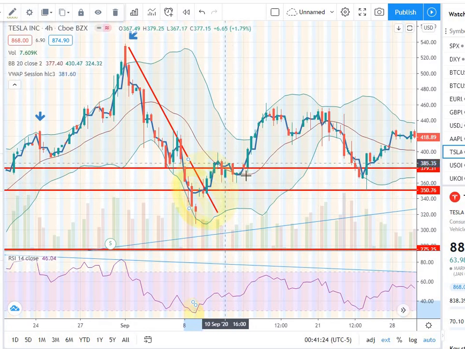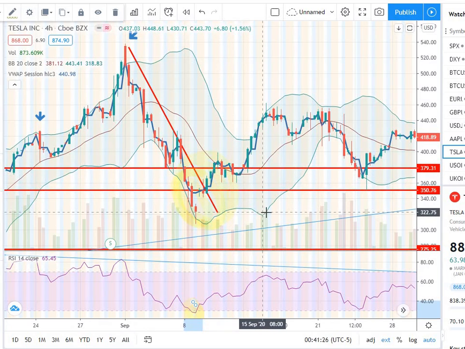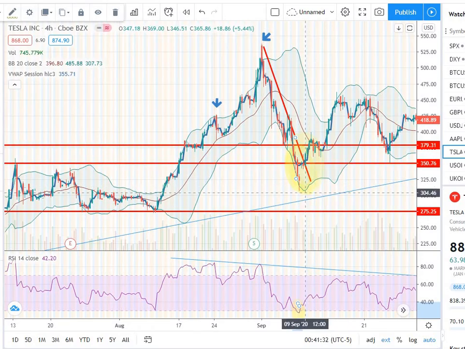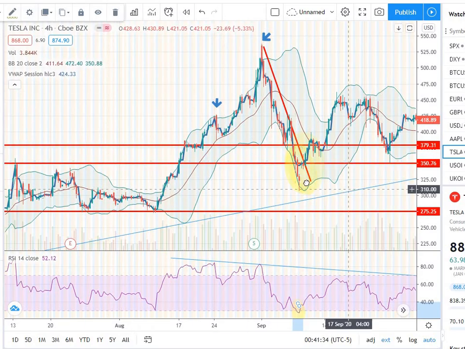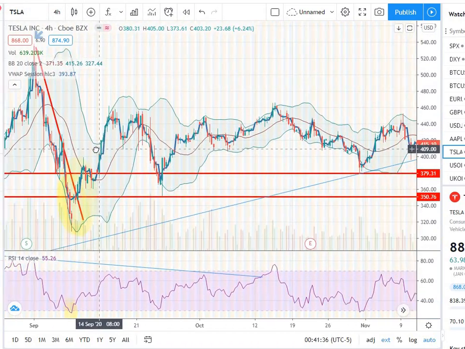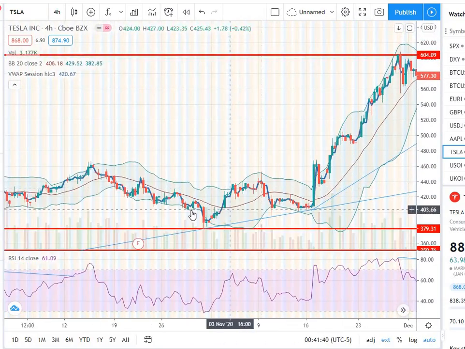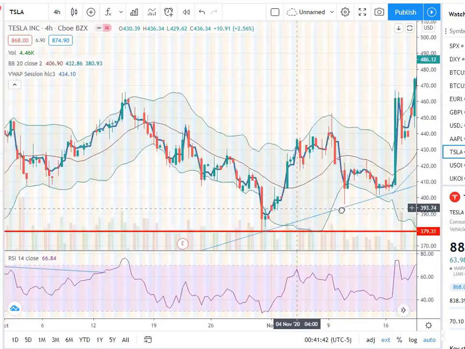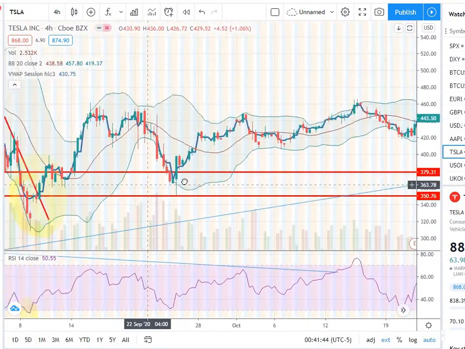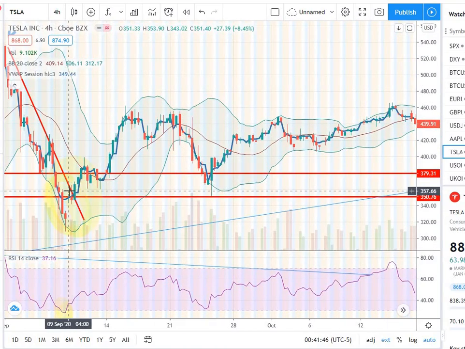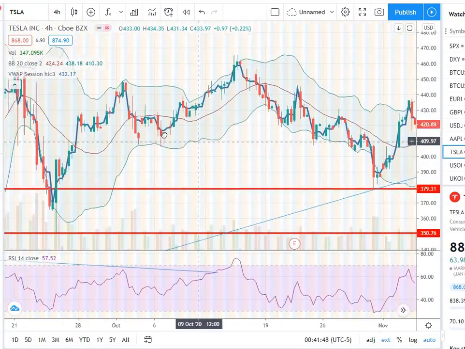Okay, there's another one that I'm going to show you, another entry that would have been right here. Let's suppose you missed it back on September 9th, you had another opportunity to get in at a similar price on October 30th.